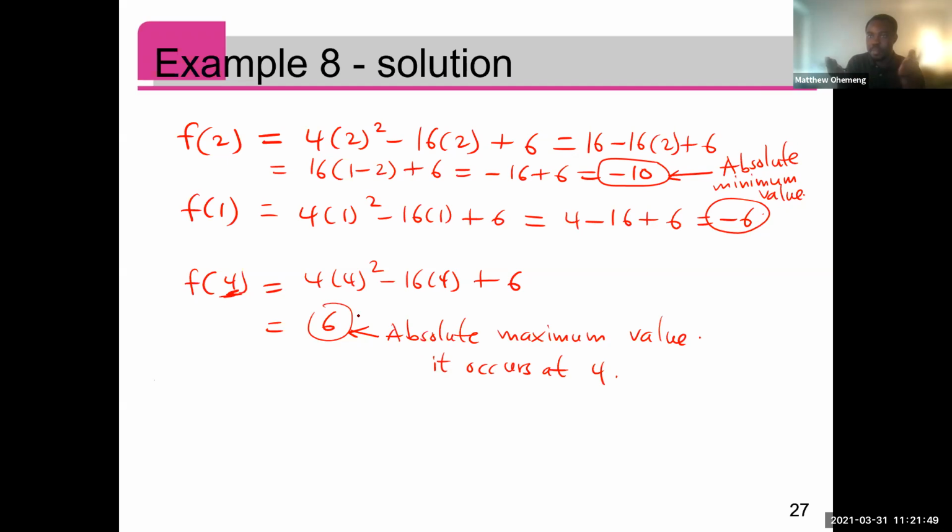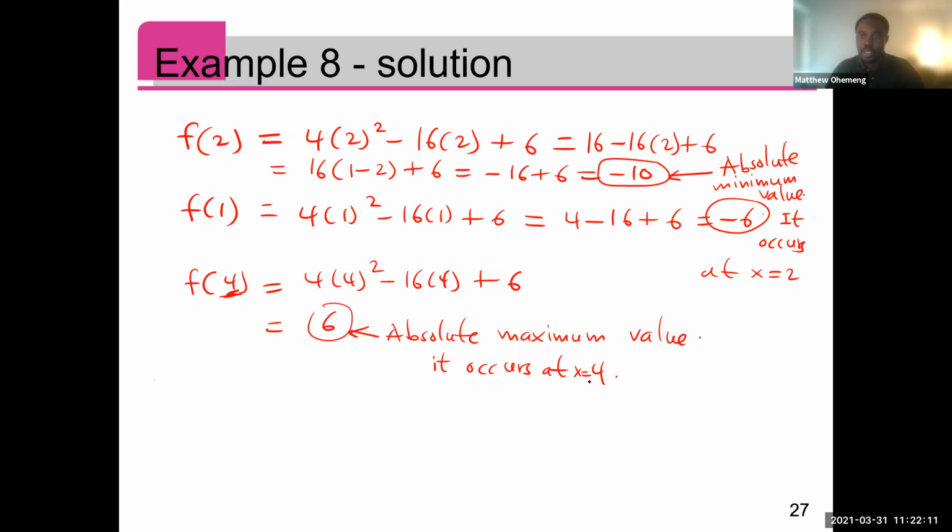It doesn't matter that it occurs at 2 points, the absolute maximum is always a single value. Now we have the absolute maximum and minimum. The minimum occurs at x equal to 2.